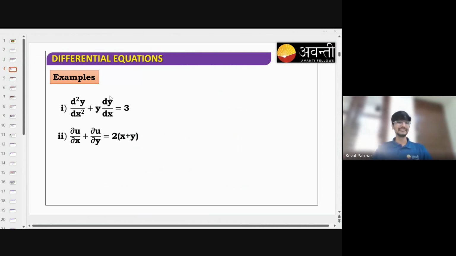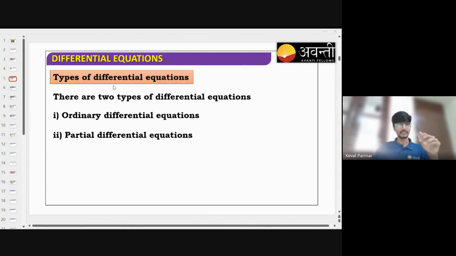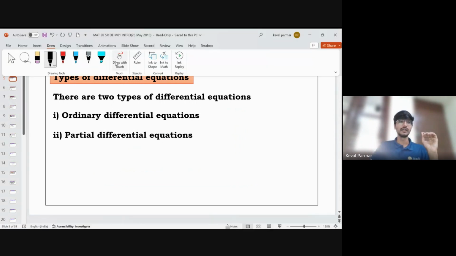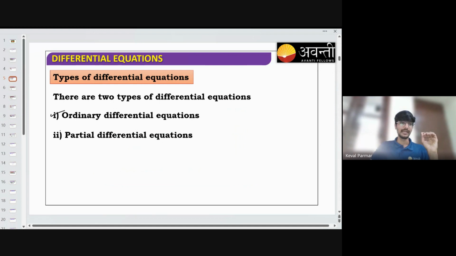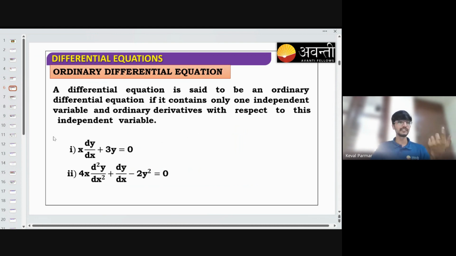So these are the examples of what a differential equation looks like. As I just said, there are two types of differential equation: the ordinary and the partial. We have only the ordinary differential equation in our portion and not the partial. Now, what is an ordinary differential equation? The same definition which I said.